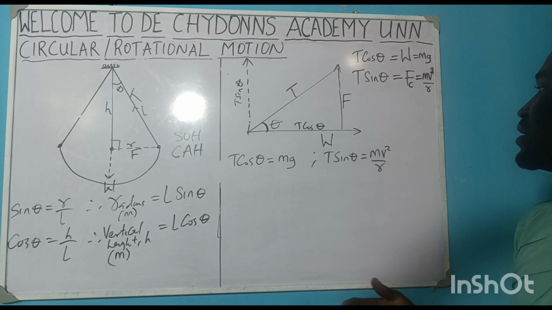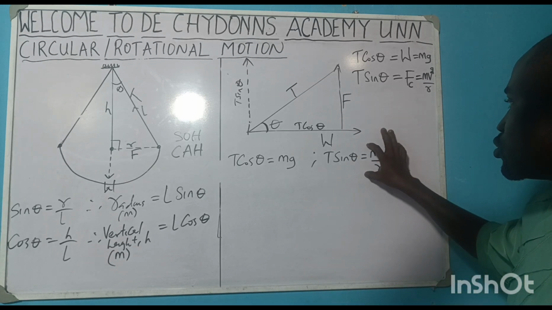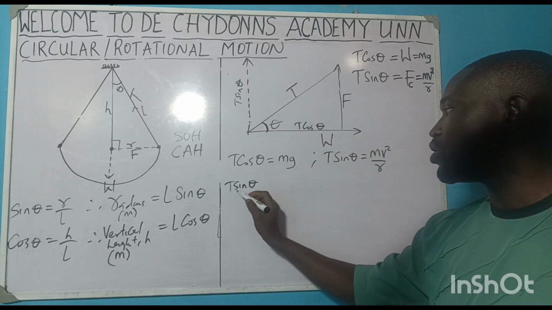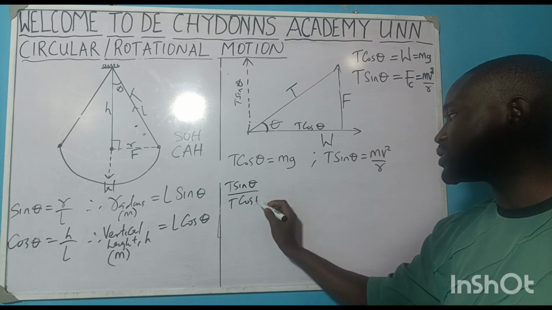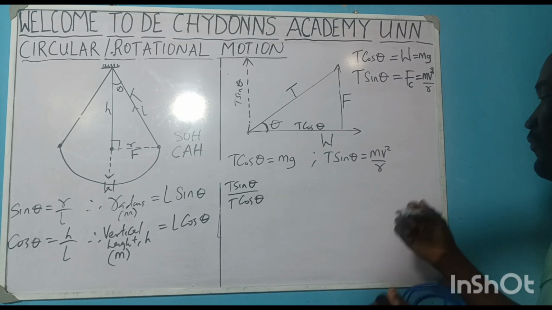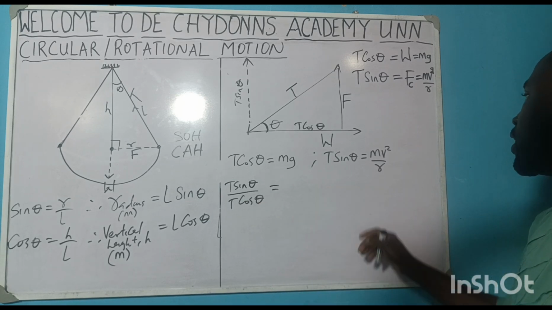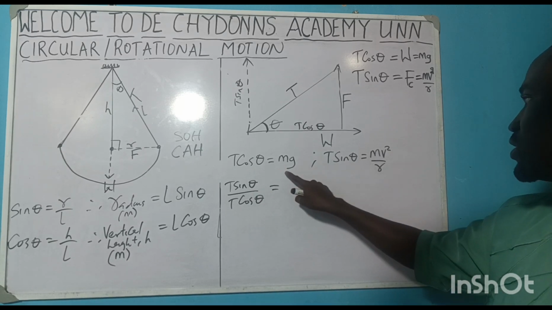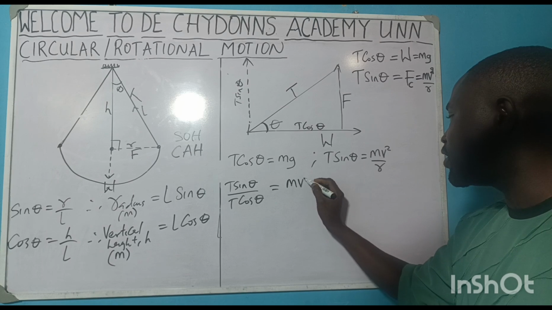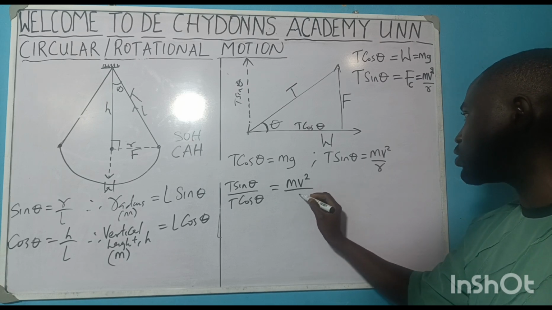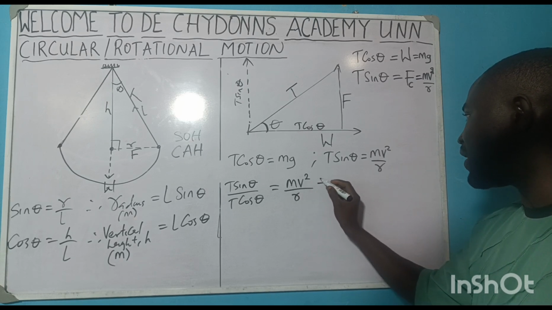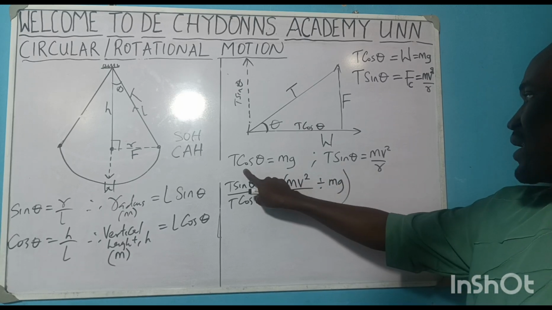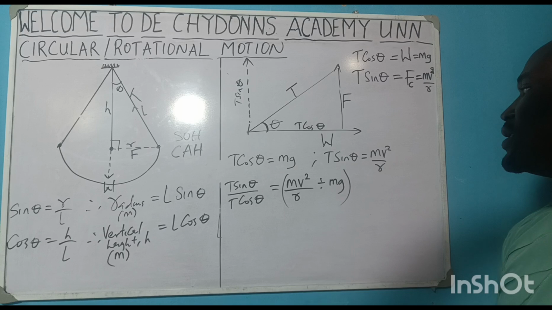Now dividing equation 2 by equation 1, we have T sine theta all over T cos theta. To simplify it further, equals, if I keep this and use this to divide it, I will also keep this and use this to divide: mv squared all over r divided by mg.